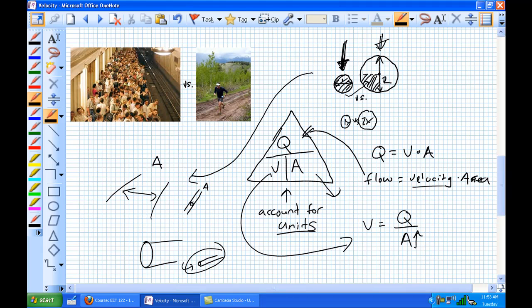Talk about this. Area, Q, V. So basically increasing velocity. Let's say we've got a means of measuring the speed of that fluid in that particular passageway.